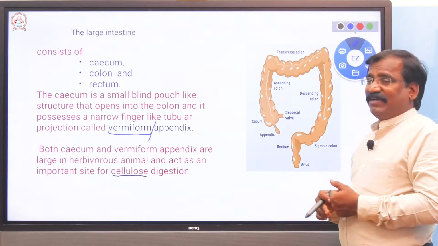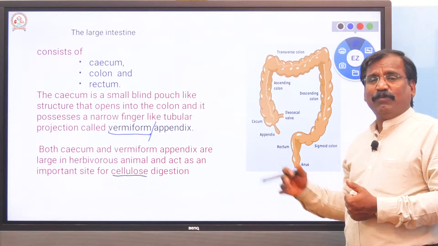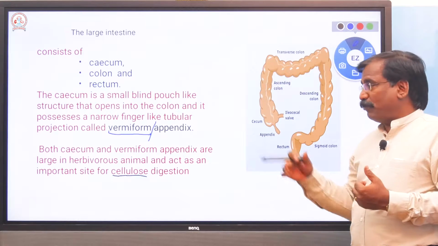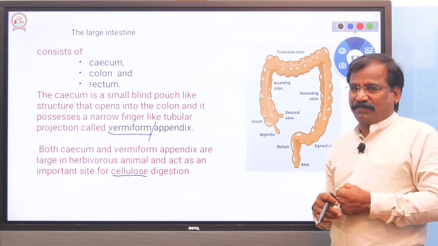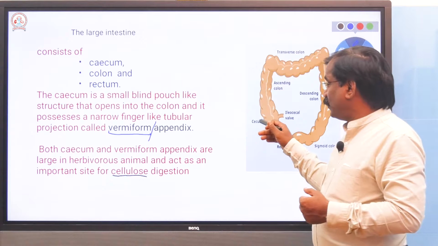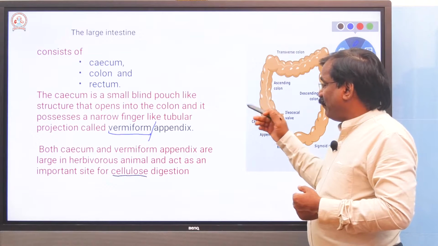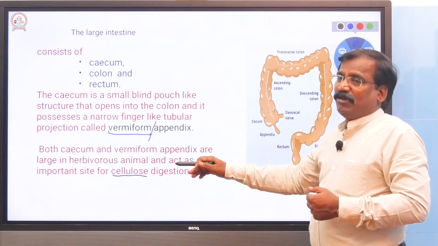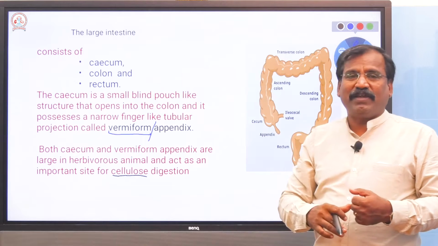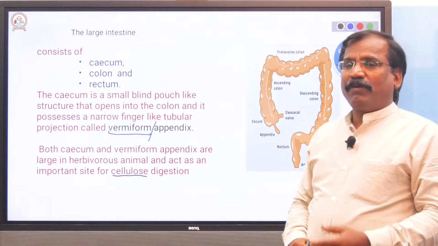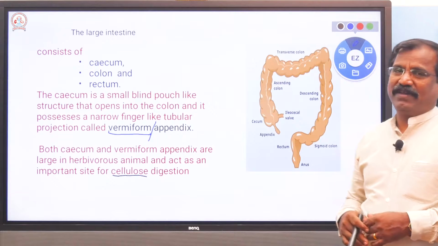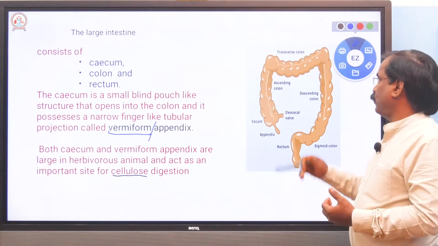Its presence in humans is one of the evolutionary evidence that we developed from such animals where the appendix is functional. That is the evolutionary significance.